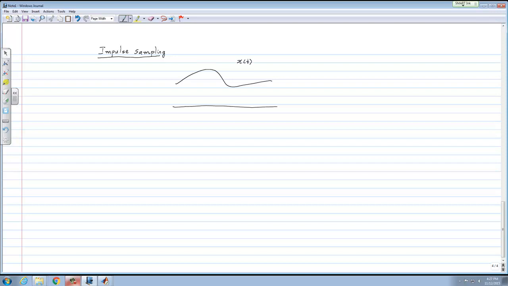Okay, so let me explain what I mean. So here is our signal x of t. If I considered another signal which was p of t. So here is another signal p of t, which is summation delta of t minus nT for n going from negative infinity to positive infinity.